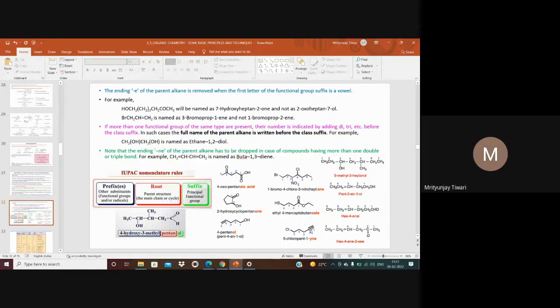And this will get priority, as this is the prefix substituent. So 1, 2, 3, 4, 5 we write. This is 5-chloropent-1-yne, 5-chloropent-1-yne.